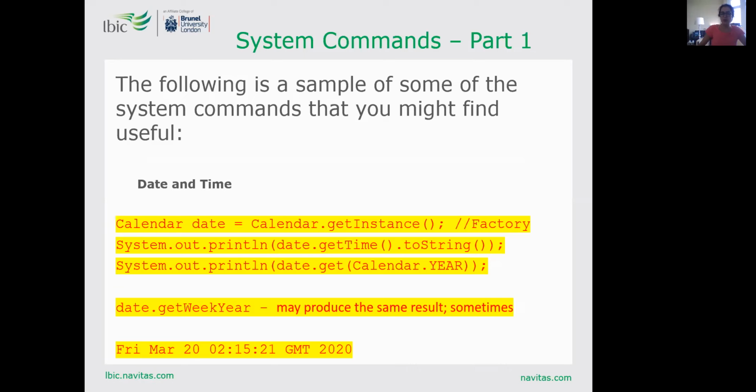Because the calendar format is going to be year, months, week, day, minutes, hours, seconds, and so on. And then you can call another method within the date object that produces the same result as what we're using here.